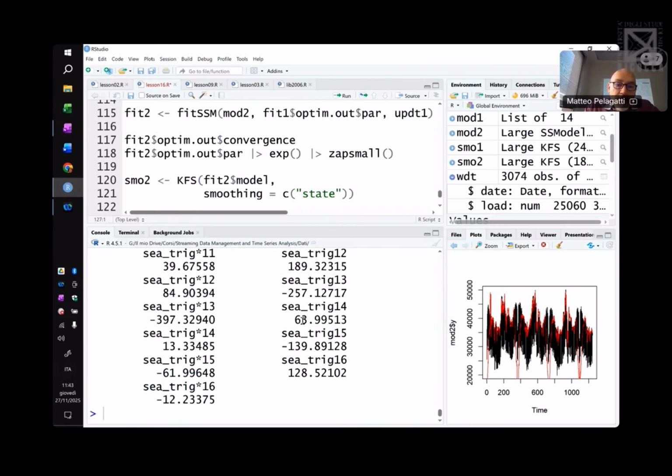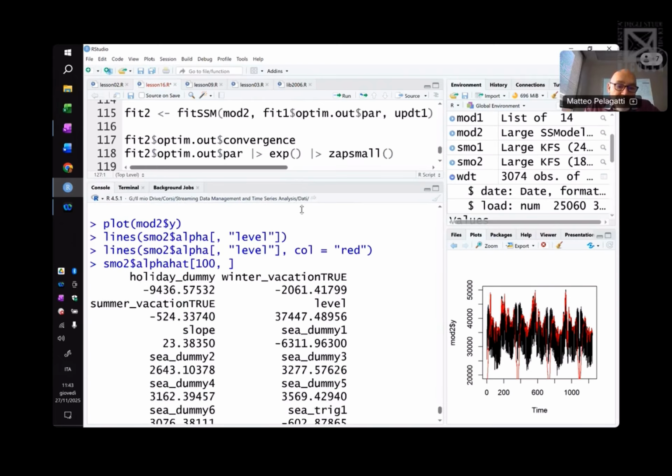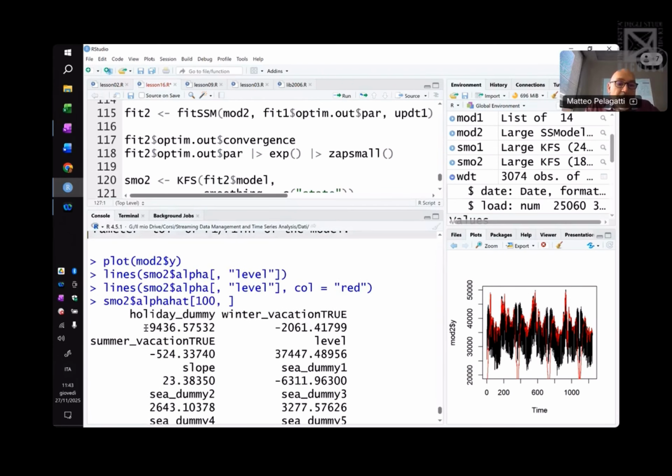They're on the top. So for example, this is the effect of the holiday dummy. So the holiday dummy decreases the consumption by 9,400 and something megawatt hours. Yeah, I think it's megawatt hours. Winter vacation has again a negative effect of 2,000 megawatt hours on average, the whole period.